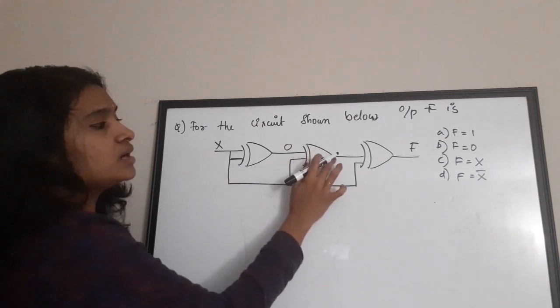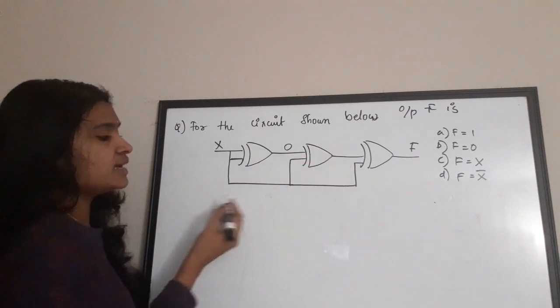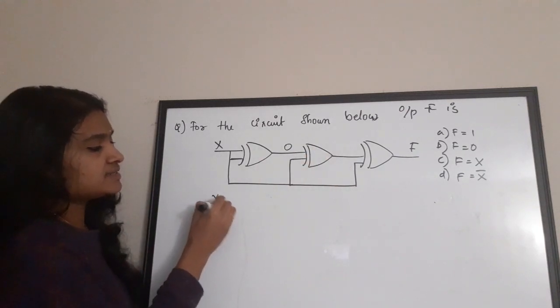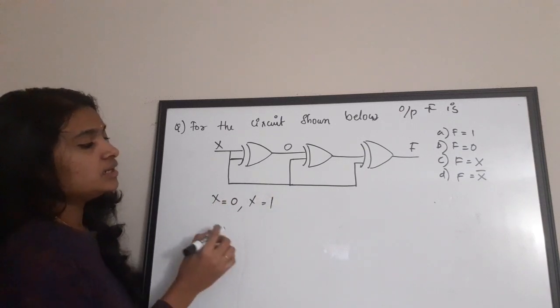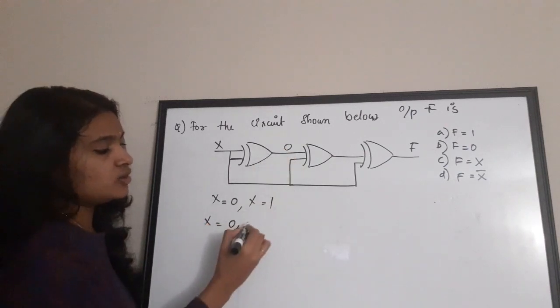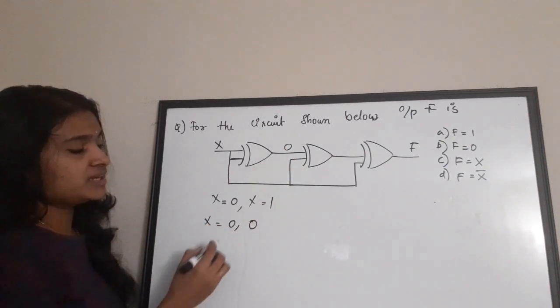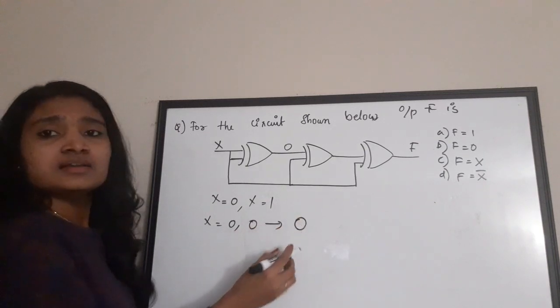Now, what will be the output of your second XOR gate? That can actually vary, right? So, X can be either 0 or X can be 1. Now, if X is being kept as 0 and along with that a 0 is coming, what will be the output? It will be a 0, right?